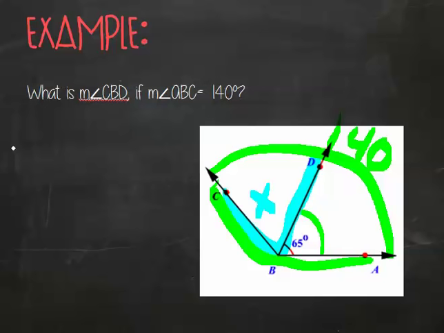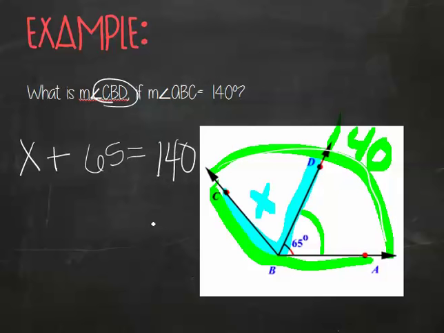Okay, so I'm going to say, the measure of the angle that I don't know, CBD, that's the one I'm looking for, we're going to call it X, and I already labeled it, plus the measure of the other angle that's given, ABD, which is 65, is going to equal all the angles added together, which is 140. Well, we're solving for X. Draw a line down from your equal sign. This is algebra.